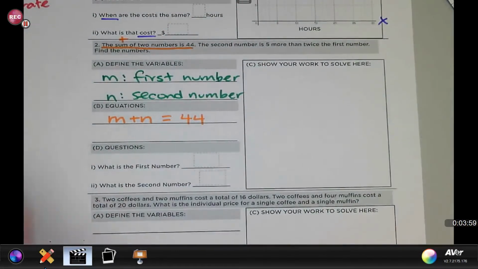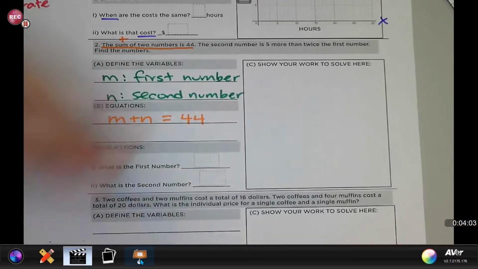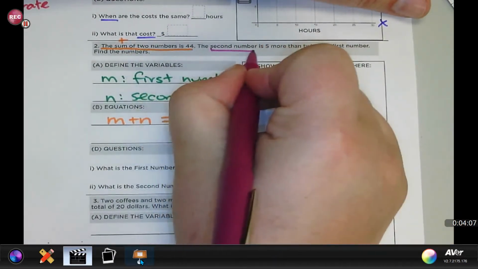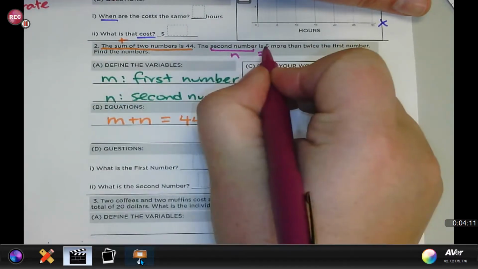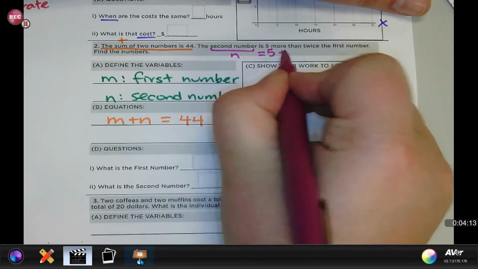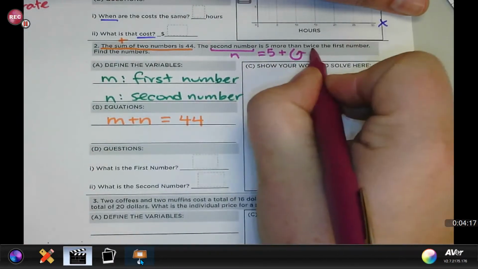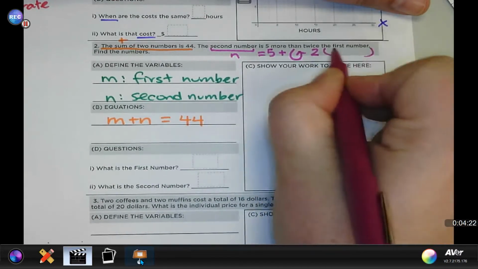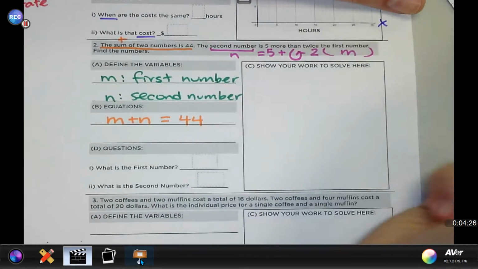And then our second sentence says, the second number, which in my case is n, is equals, 5 more means plus, than means flip, remember, twice means 2 times, and then the first number, which is m. Okay, so it's literally like translating.